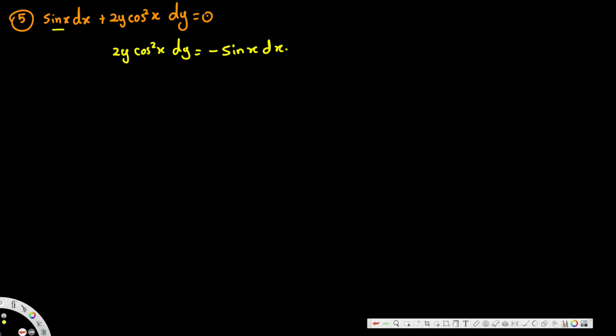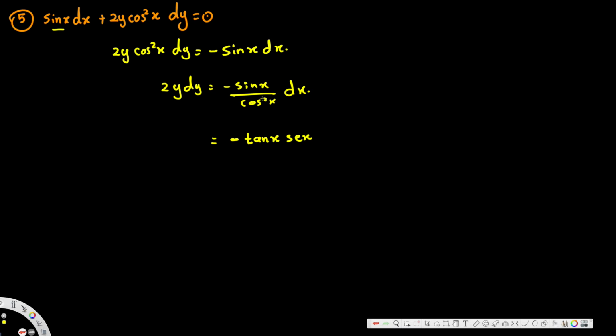Now here we have an x, cos square x, so we have to move this one to this side. So this is going to be 2y dy is equal to minus sin x over cos square x dx. Now sin over cos is tan, so we can write this one as tan x, and 1 over cos is sec, so sec x.